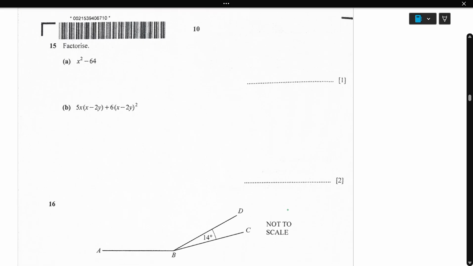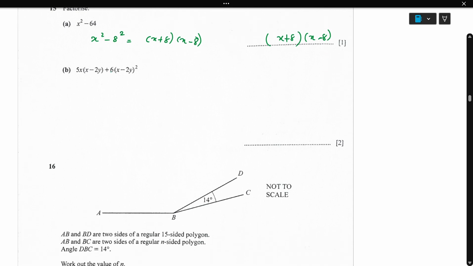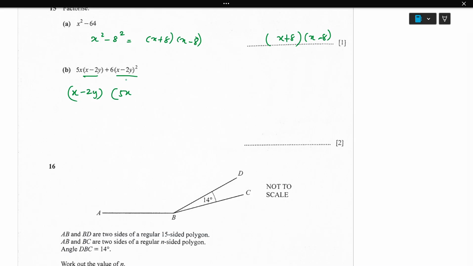Okay, next question number 15, factorize x square minus 64. We can write x square minus 8 square, which equals x plus 8 times x minus 8. Next, question B. Here x minus 2y is common, so I'll bring x minus 2y out. The first part, 5x, is left, and the second part, 6 into x minus 2y, is left.